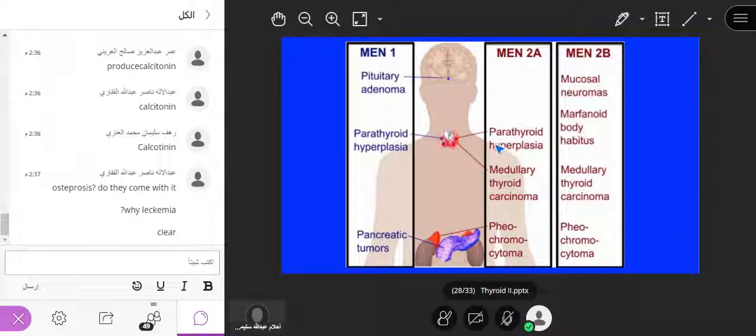In 2A, they have parathyroid hyperplasia and also a history of pheochromocytoma. Type 2B has marfanoid features, mucosal neuromas, and pheochromocytoma, but no parathyroid hyperplasia. You don't have to know the details, but I want to tell you that MTC is associated with a genetic disease called multiple endocrine neoplasia.